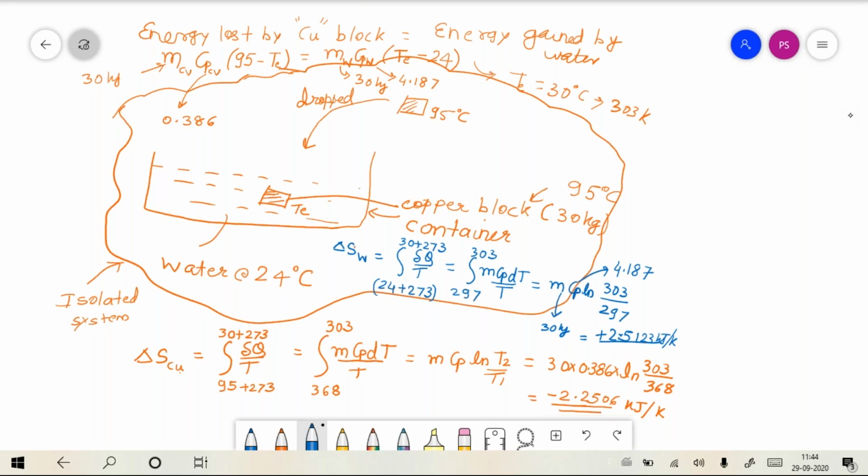It would be minus 2.506 plus 2.5123, which is how much? That value is 0.2617.